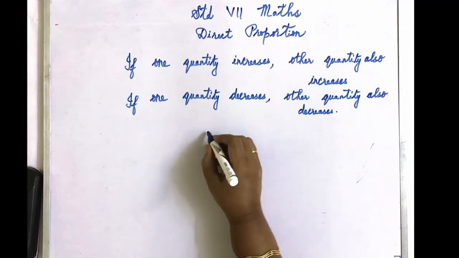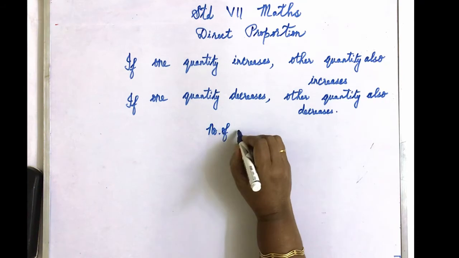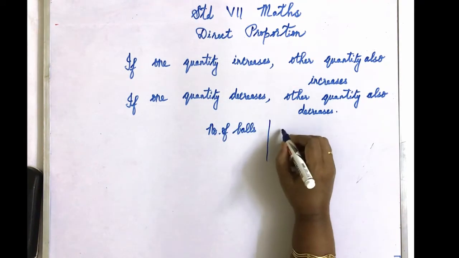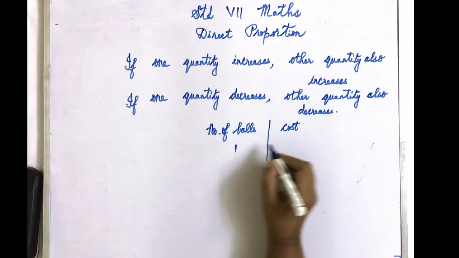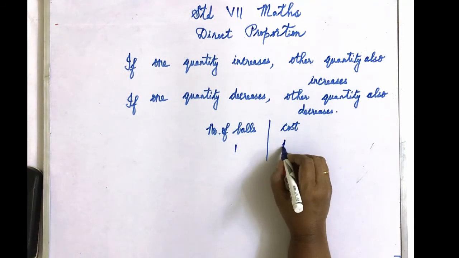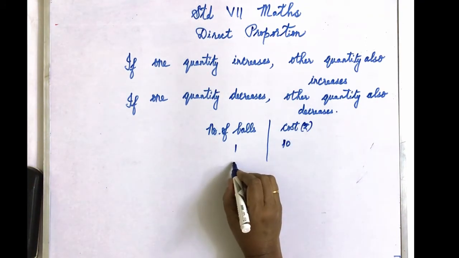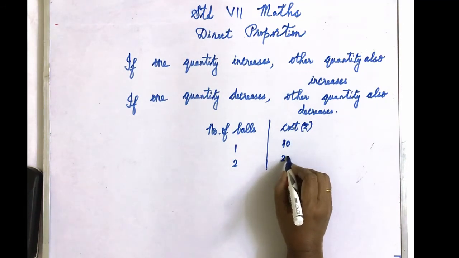Suppose you are buying balls, and consider their cost. If you buy one ball, it costs 10 rupees. Cost is given in rupees. If you buy 2 balls, how much do we have to pay? 2 into 10, 20.